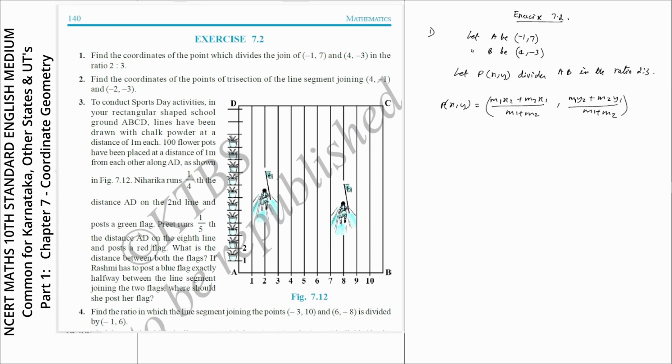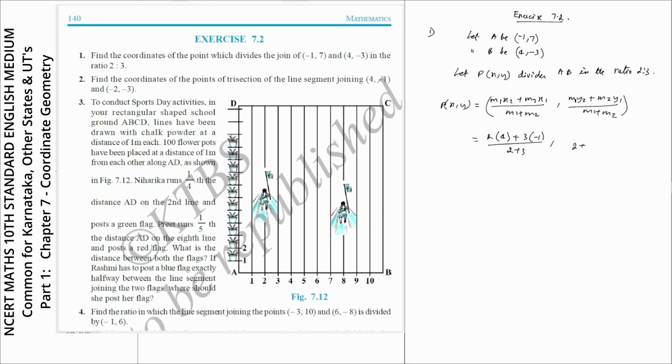Now substitute the values of m1, m2, x1, x2, y1 and y2. So m1 is 2, x2 is 4, plus m2 is 3, and x1 is minus 1, by m1 plus m2, that is 2 plus 3.